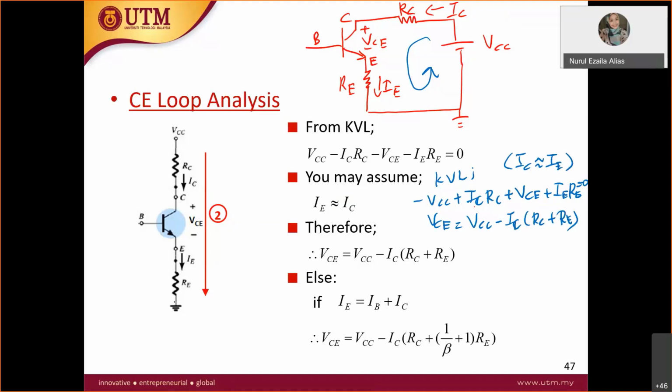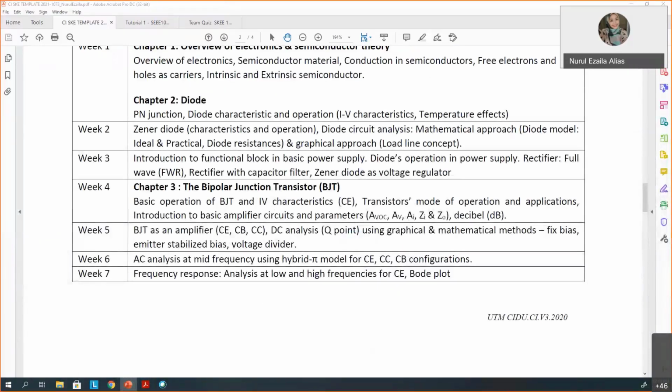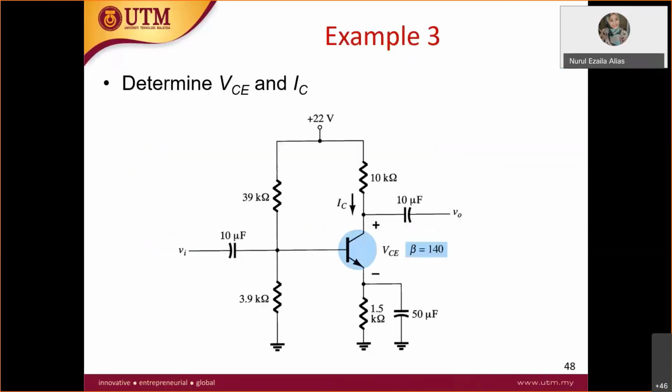All right, let's take a look at the example. I think we'll do this example together so that you can do the exercise on your own. Determine VCE and IC.